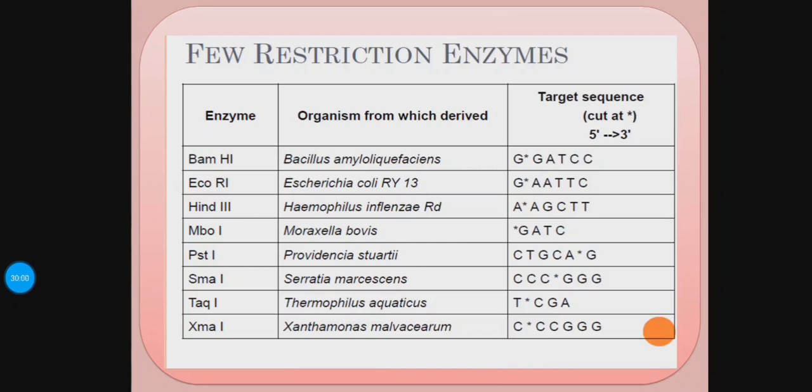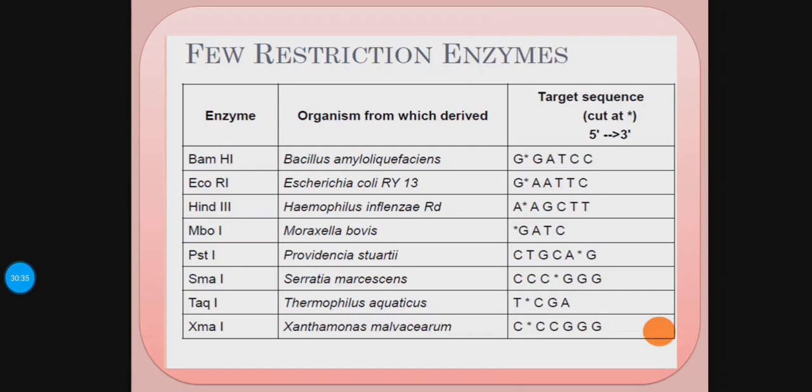Now here I am taking some examples of restriction enzymes and their recognition sequences. First is BamH1, where the recognition or target sequence is GGATCC. EcoR1 is a well-known example of a restriction enzyme, widely used in genetic engineering for cleavage purposes, and the target sequence of EcoR1 is GAATTC.